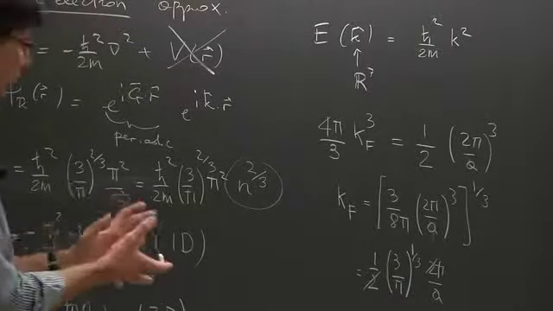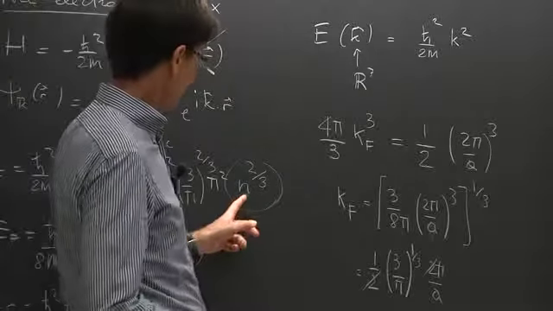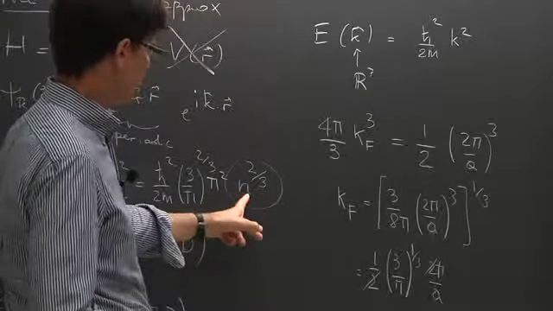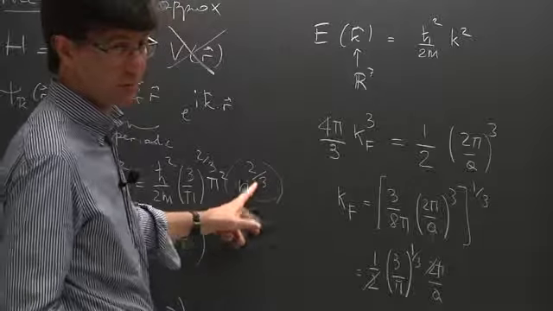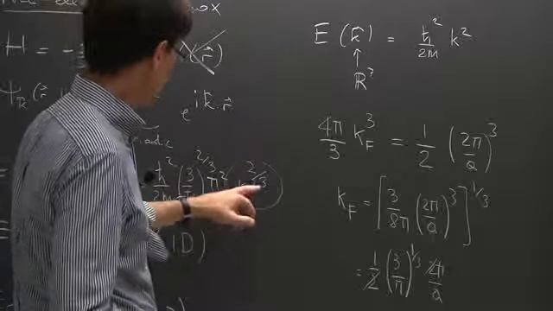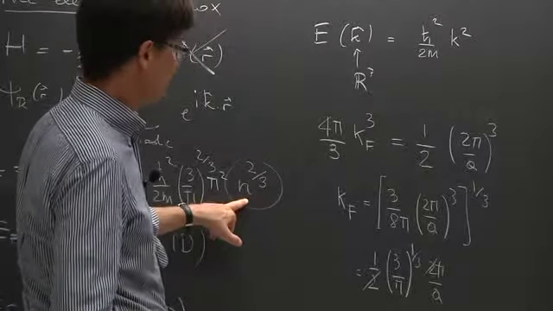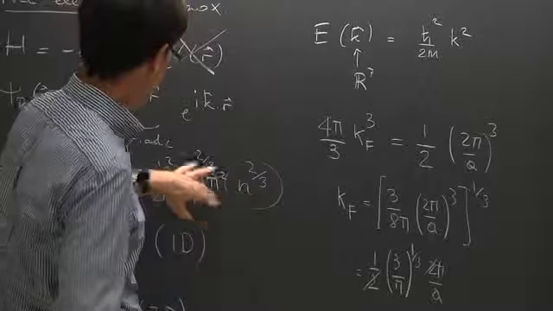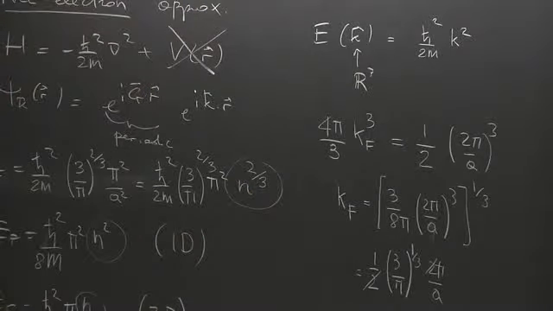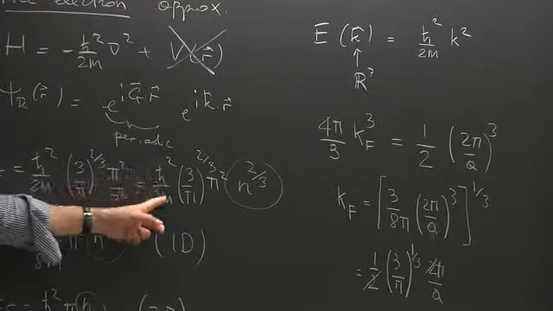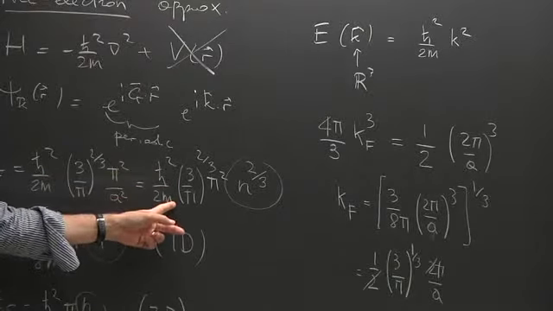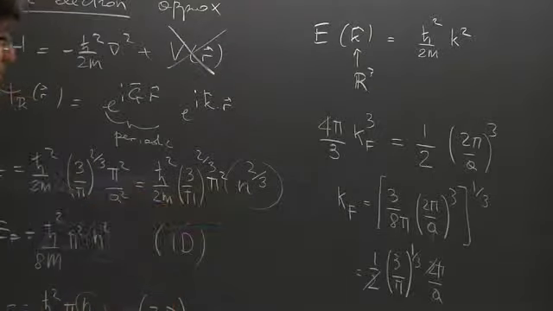So it's a dimensionless number. But of course, you need to extract out the Bohr radius here to the 2/3. In other words, you can write the Fermi energy in terms of h squared over m, 1 over Bohr radius squared. And then you can extract the Bohr radius out of that.